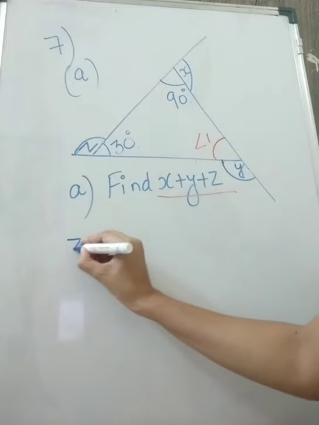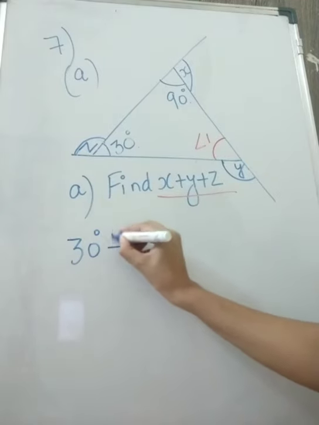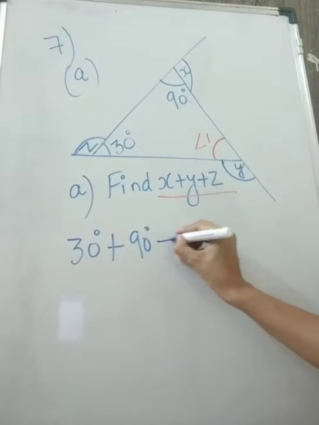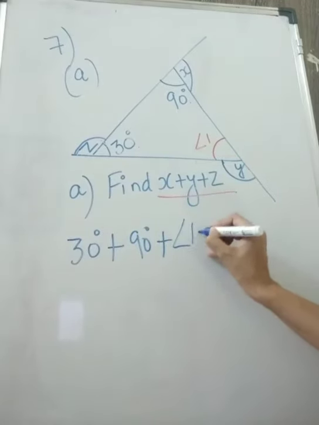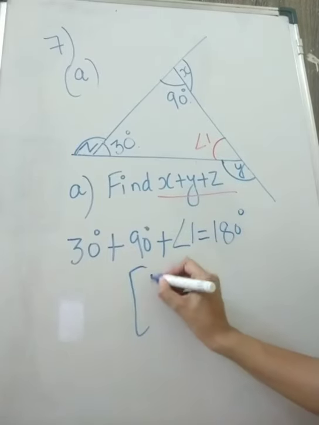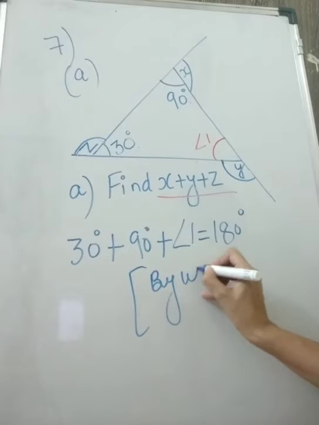So I will write 30 degree plus 90 degree plus angle 1 is equal to 180 degree. How have I written? By using angle sum property.